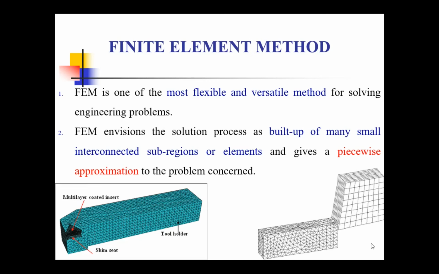On the right side we have a cutting tool and a rectangular workpiece which are in contact with each other. Here also you can see the type of element that is formed. In the case of the workpiece, we have a triangular element.